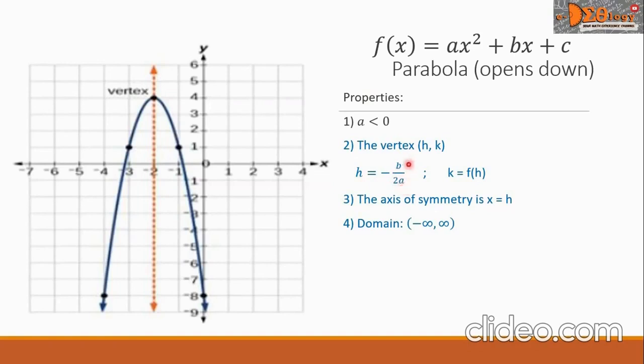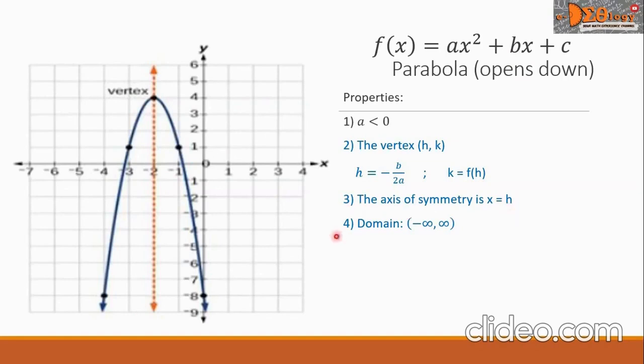Again, b is the coefficient of x, and the a is the coefficient of x squared. Also, the k equals f of h. Property number 3, the axis of symmetry. This is the axis. And the equation is x equals h.